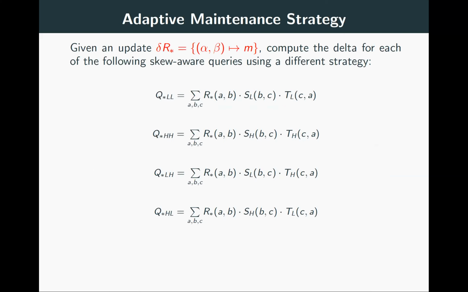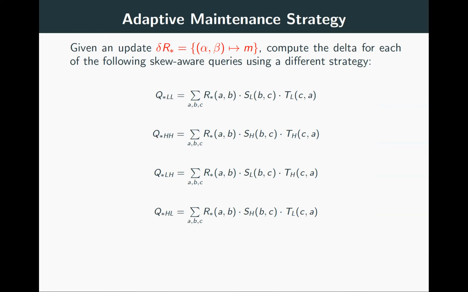So let's look, because the query is symmetric, at updates just to R. So we do delta R, and delta R may insert a heavy A or a light A. So we now have these 4 queries where, regardless of whether A was light or heavy, the other ones are light.